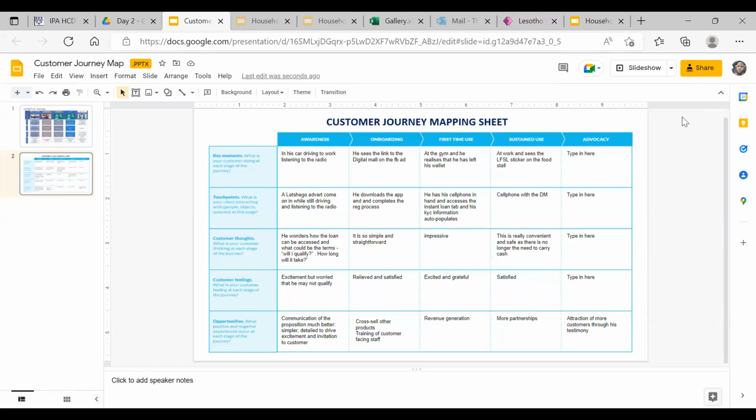For us, we have our customer on his way driving to work and listening to the radio. Then I break, a Letshego advert comes on, speaking to the new exciting products they have, which is instant loan, which can also be accessed through their digital mall as well as their traditional walk-in channels.